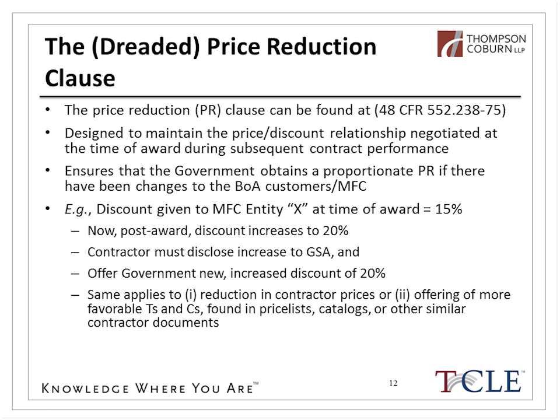You must disclose this, and you must offer them the same discount. Now, I'm not going to suggest that they aren't going to take it. They're going to, but you've got to offer it. Now, the same philosophy applies to any reductions in your contractor pricing and what you're doing, offering more favorable terms and conditions to that particular customer found in the price lists or catalogs, or other similar contractor documents.